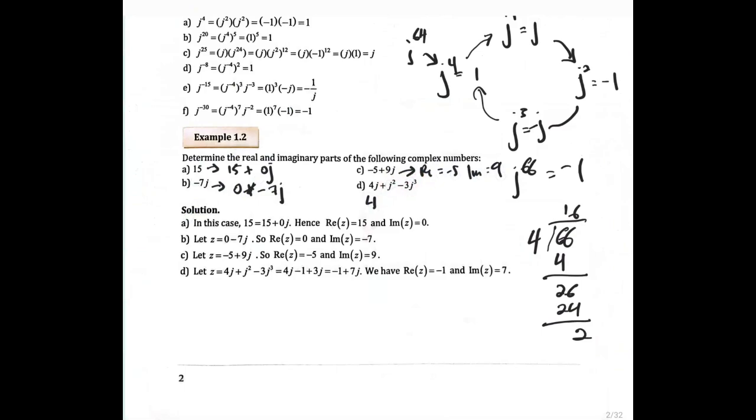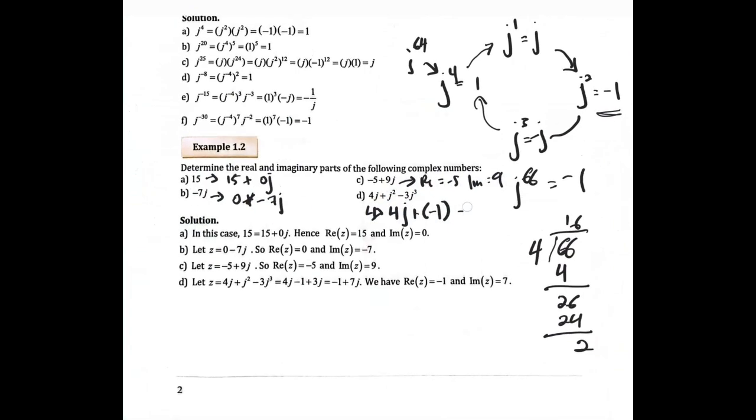So what we are going to do first is convert all of the j's into numbers using our j rule. So we have 4j plus our j squared, which is equal to negative 1, so negative 1, and minus 3j to the power of 3.